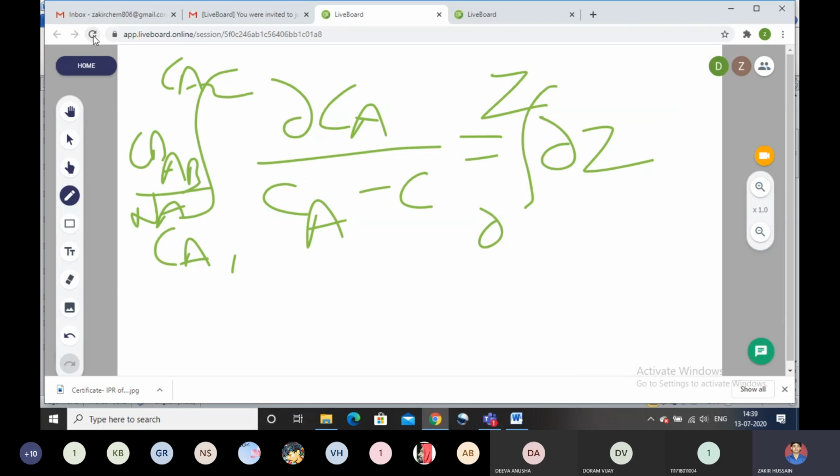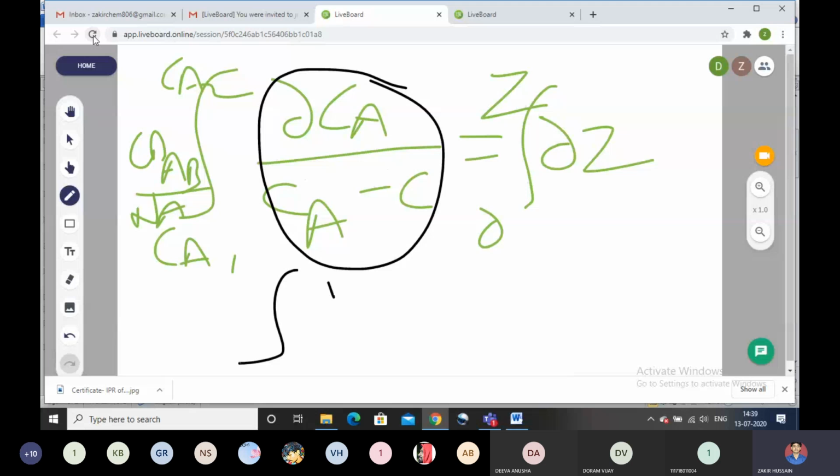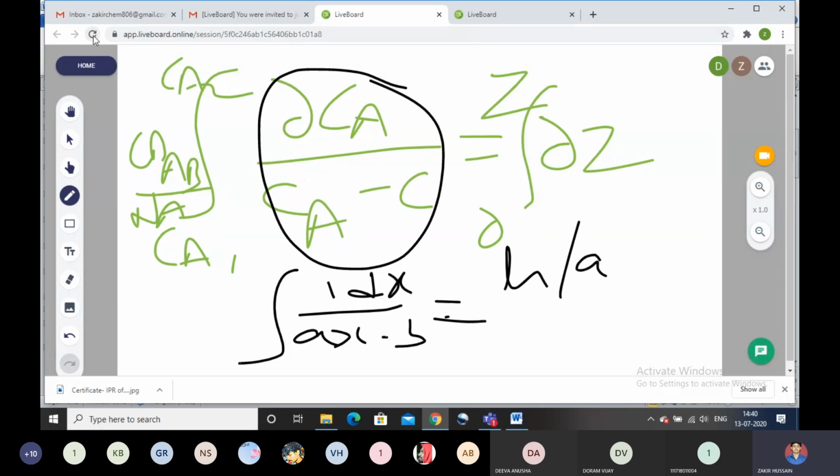Now you can see this entire integral term is in the form of integral 1 by (ax minus b) into dx. The solution for this is ln mod (ax minus b) divided by a. So we can compare these two, dx by (ax minus b) and dCa by (Ca minus C).